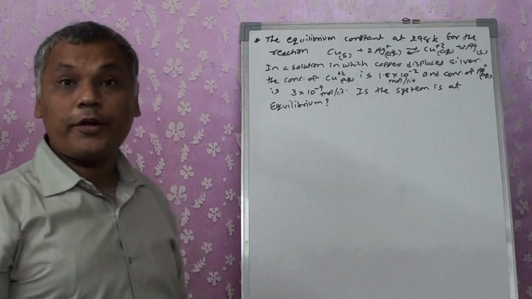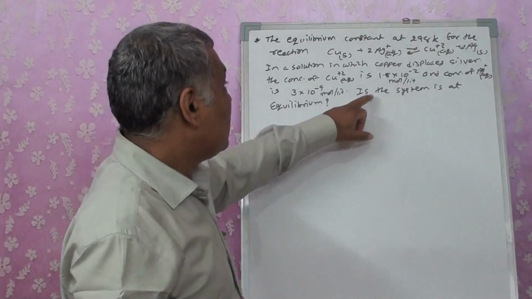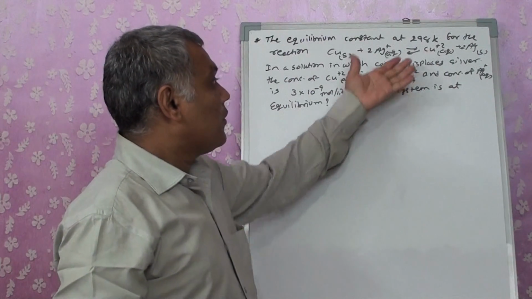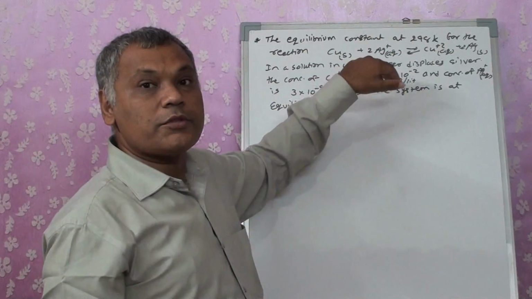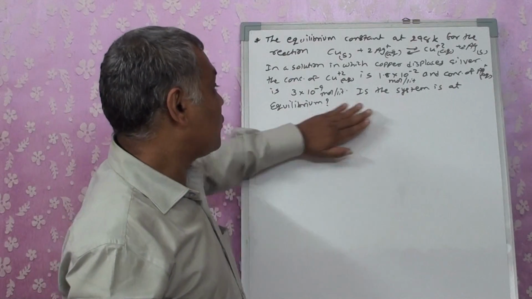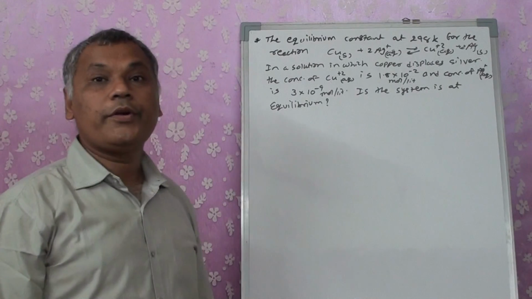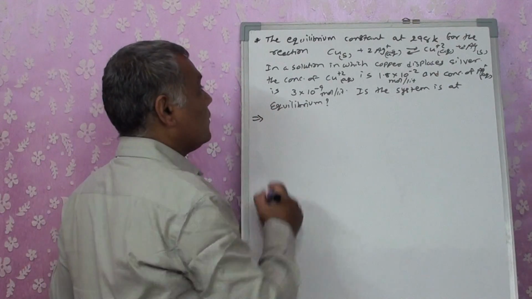As I already told you, these sums we are not going to get as straightforward. The equilibrium constant is given to me, concentrations are given to me. The equilibrium constant equals products upon reactants, but the question asked is whether this is in an equilibrium condition. So first of all, I will have to find out the Qc.